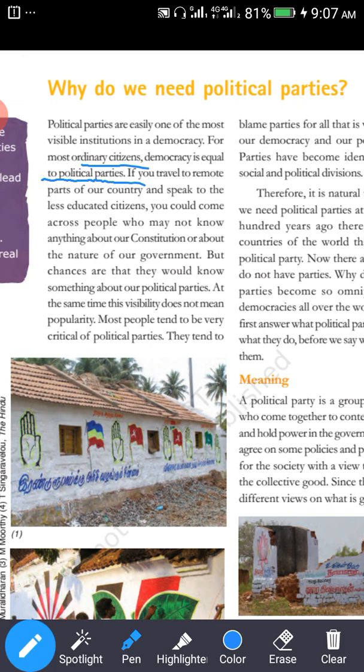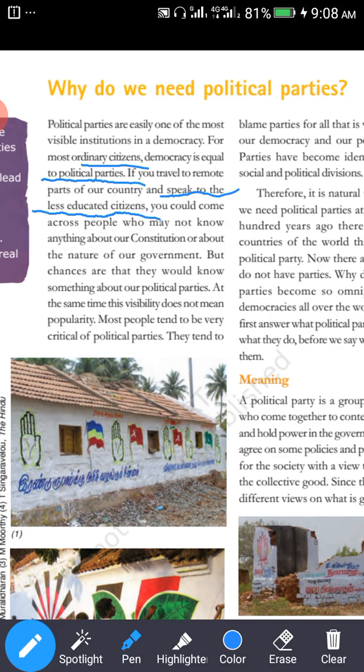In our country there are different people: some are highly educated, some less educated, but everyone has equal rights to speak, without harming others' conditions.